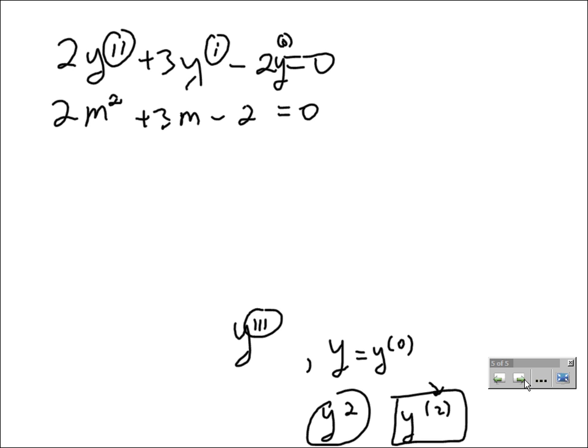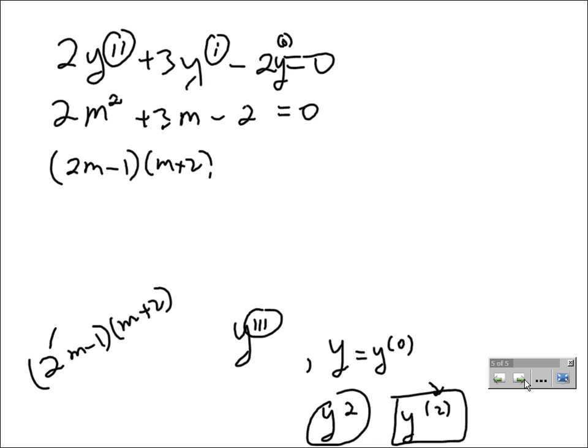And if you suffer through it, you'll see that this factors as 2m minus 1 times m plus 2. And how did I get this problem? How did I make it up? Well, to be honest, I randomly wrote this down. I multiplied it out.